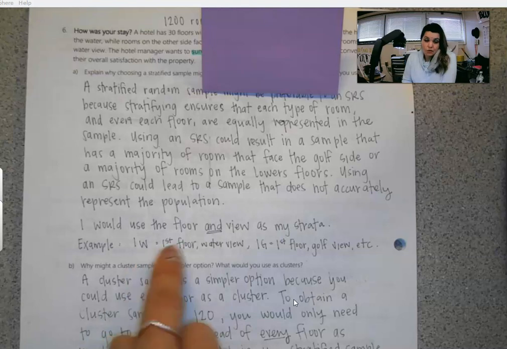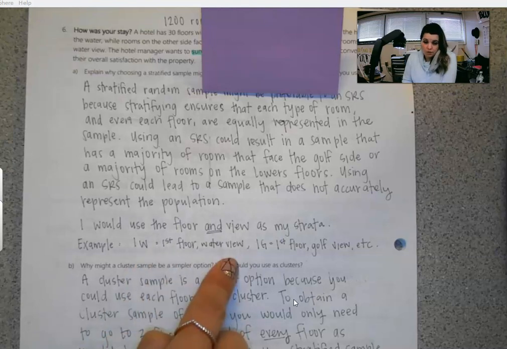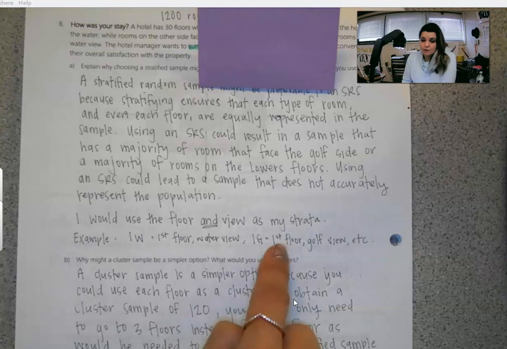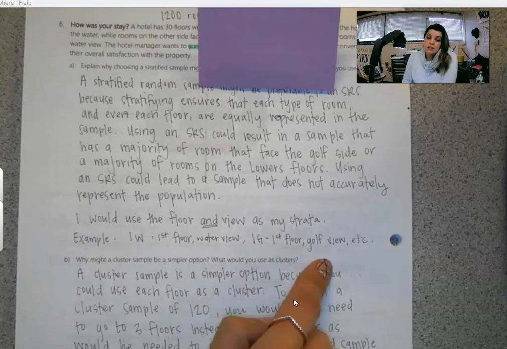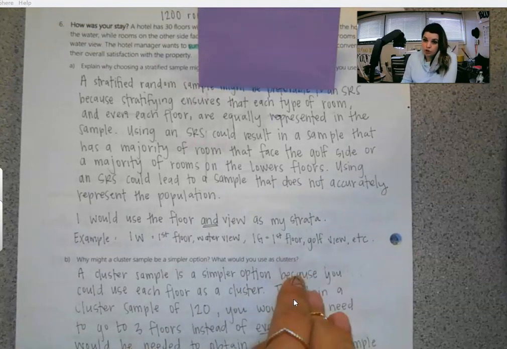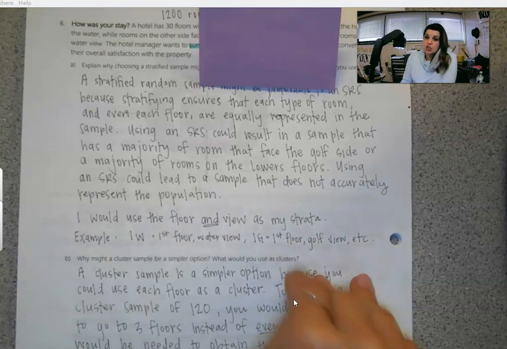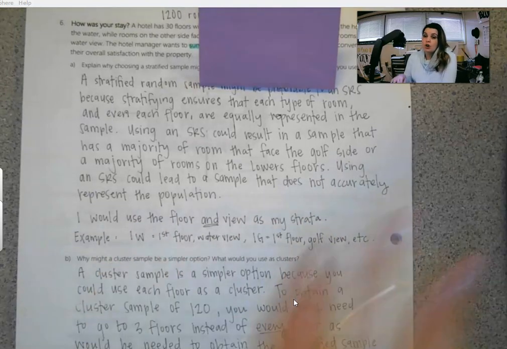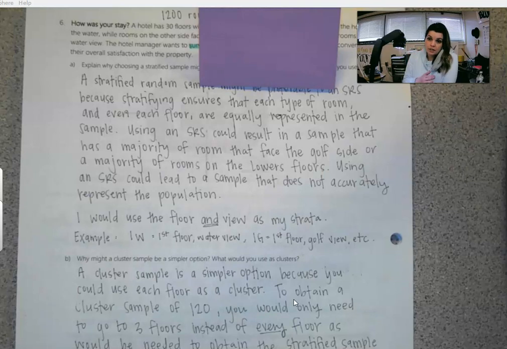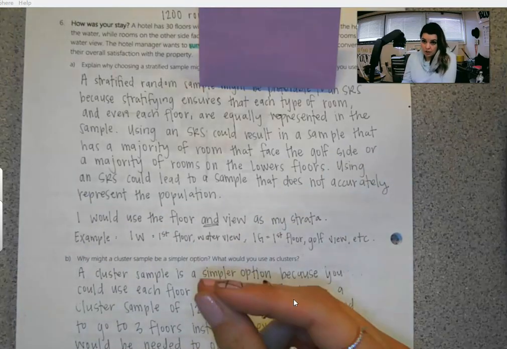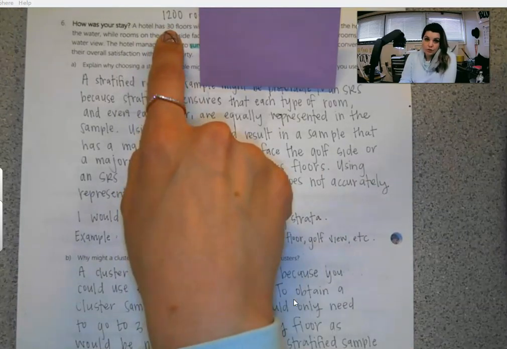That stands for first floor water view. 1G is first floor golf view. Then I would have 2W, 2G, 3W, 3G, 4W, 4G, all the way up to 30W, 30G, because there are 30 floors.